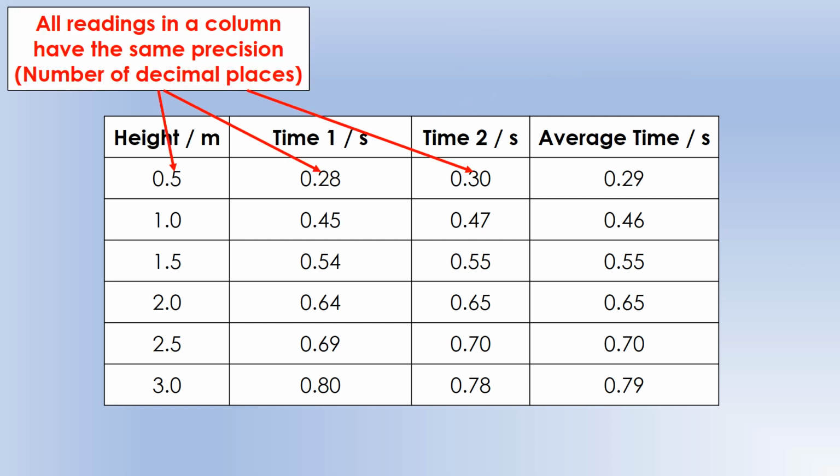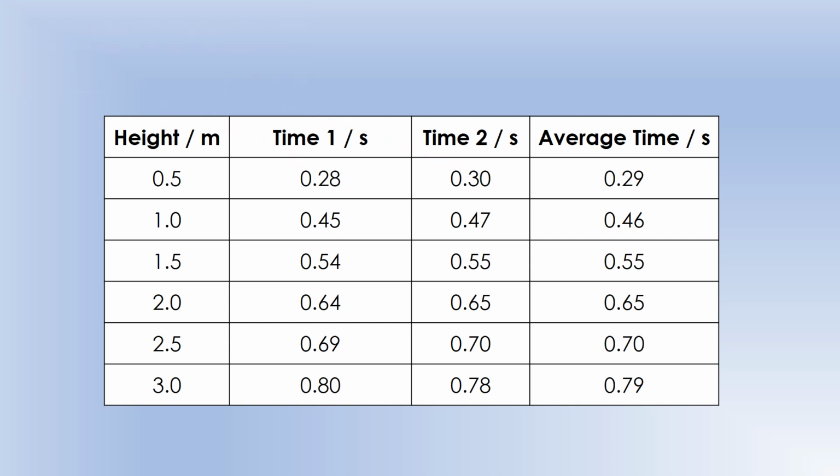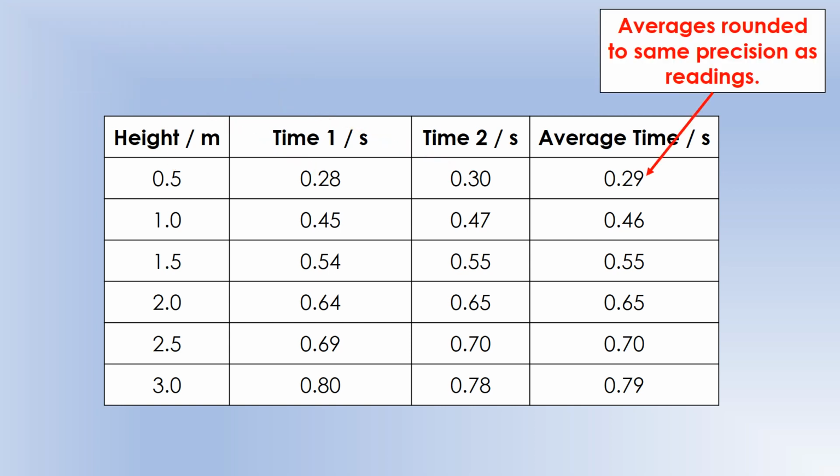Then if you're looking down all the measurements or the actual readings themselves, so we're not looking at the average for now, if you look down a column, they should have the same number of decimal places because these are things we all measured using an instrument, and an instrument has a certain precision, so the data in our table should reflect that precision.